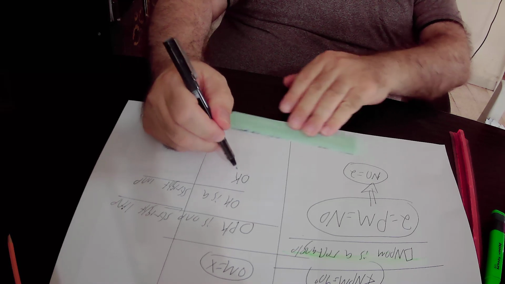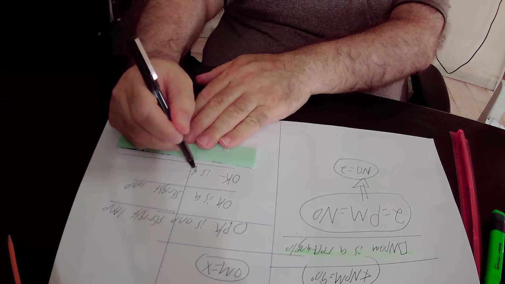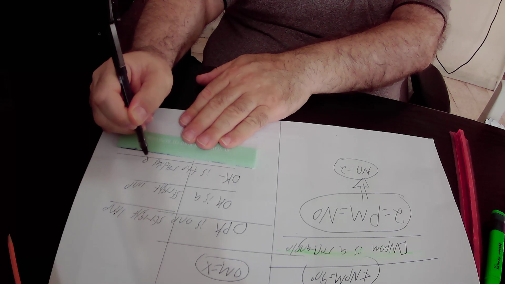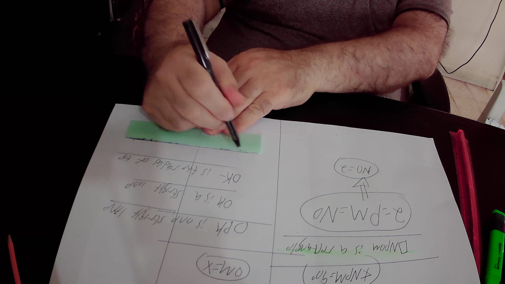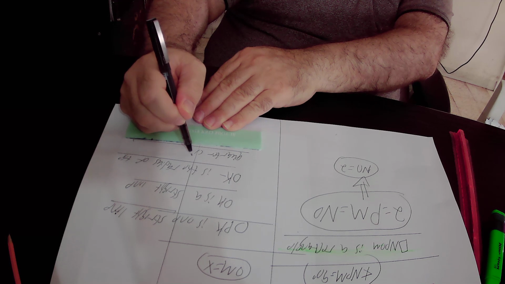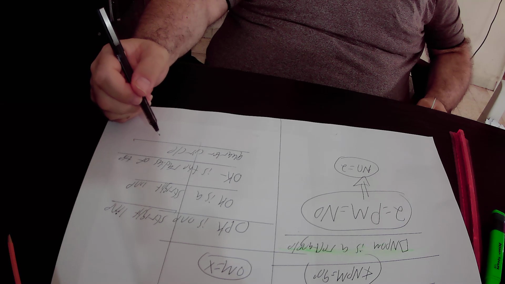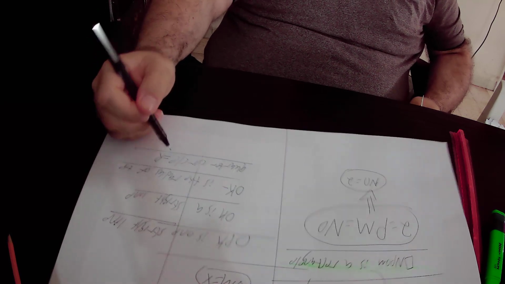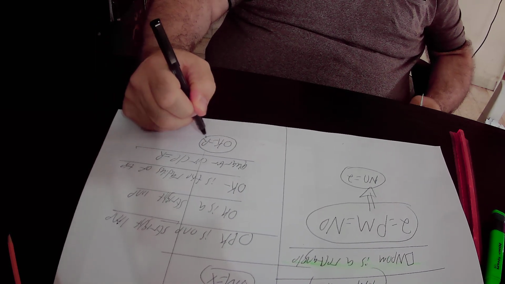So you can write down that OK is the radius of the quarter circle. We will define the radius of the quarter circle as capital R. So therefore OK equals capital R. Okay.